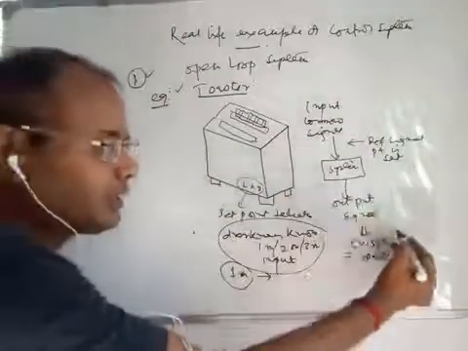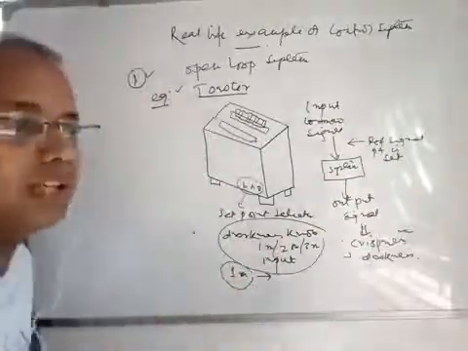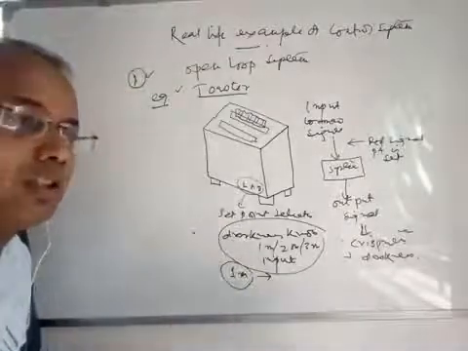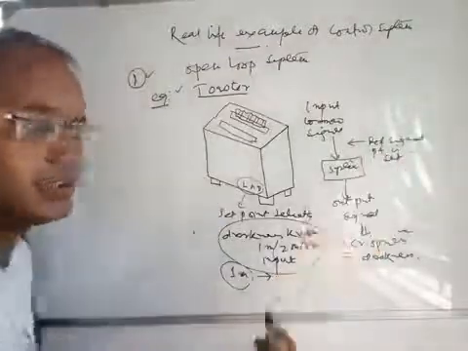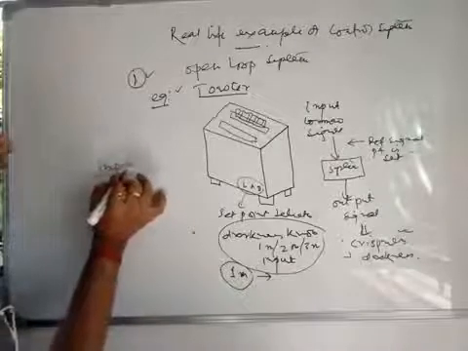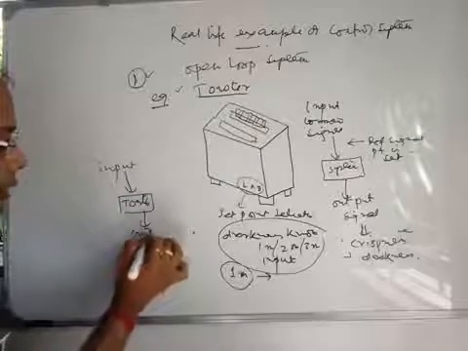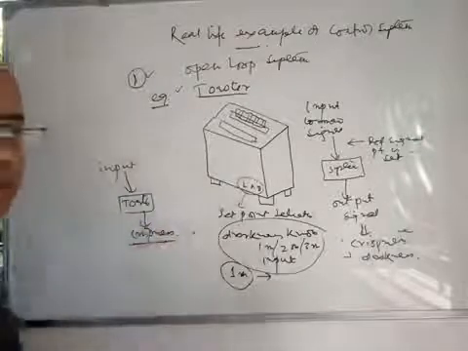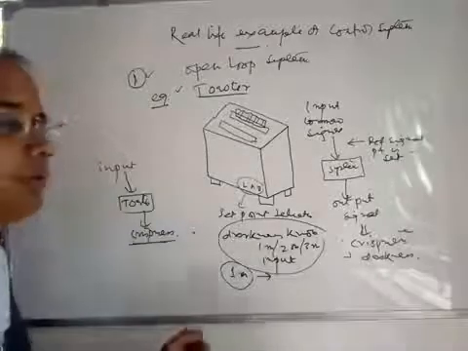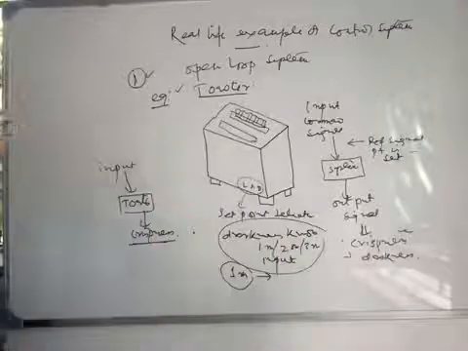So you get a certain kind of crispness, but if the crispness is not at your desired value, you cannot change this 1 minute time, because it is already set. That is the reference point selector. So you are giving some input, say 1 minute, and this toaster will give you crispness, a certain darkness. That darkness may not be acceptable to you, or you may not be happy with that kind of darkness or crispness.